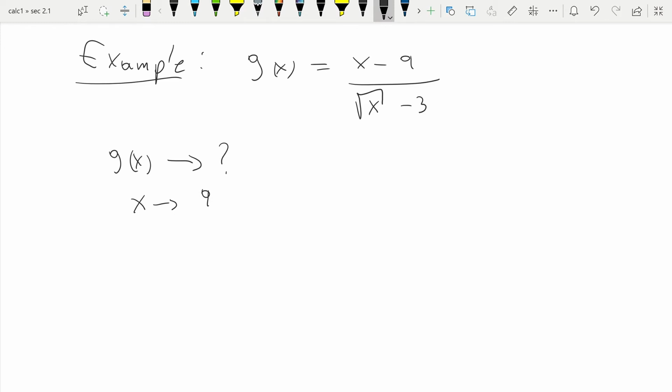Again, we observe here that g of 9 does not exist. Again, because 0 over 0 is not defined.